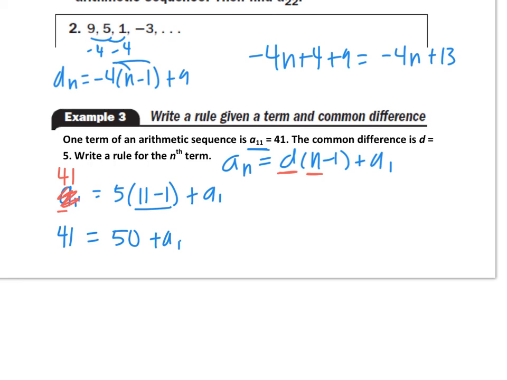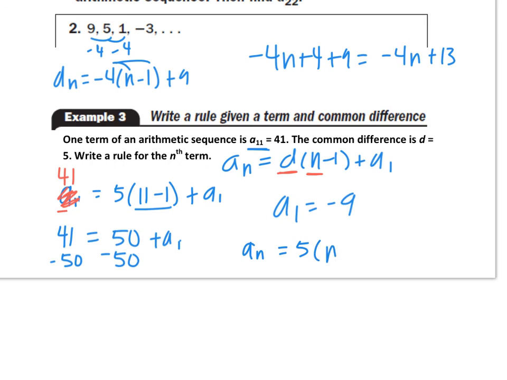So now we've got something we can solve for. So we have a1 equals negative 9. When we plug this all back in to our form up here, we get an equals the difference. I'm going to plug in 5.